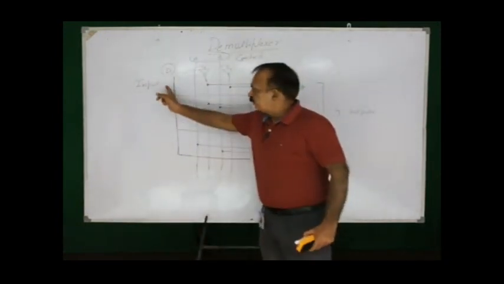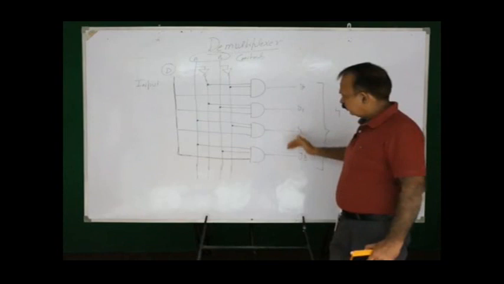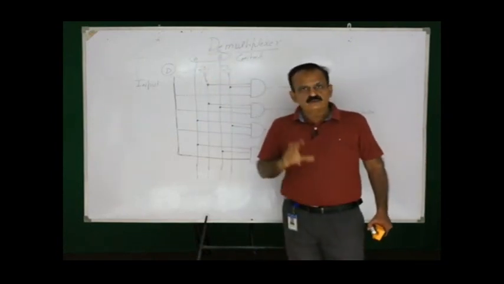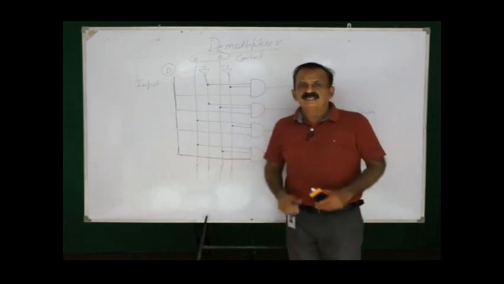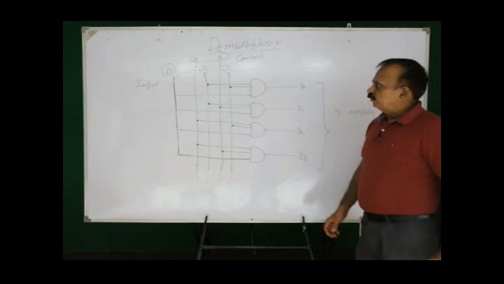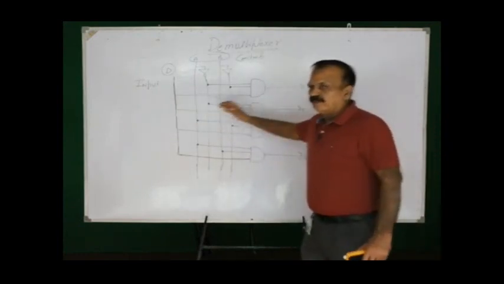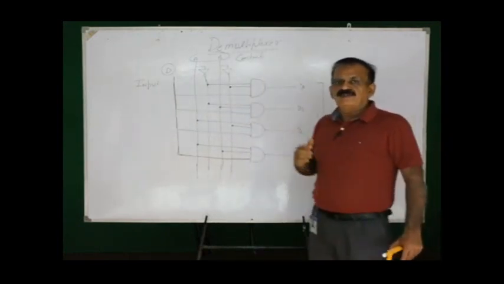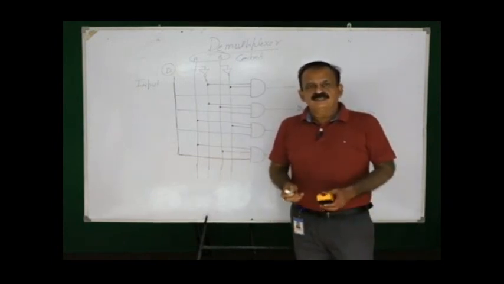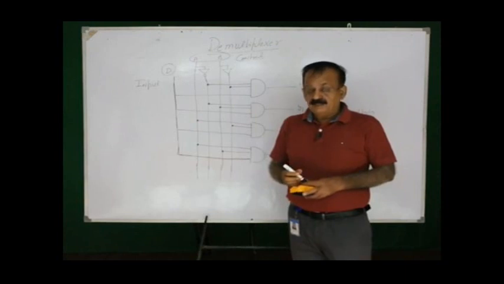So the input is connected to any of the outputs depending upon the control signals, and the control signals here are A and B. So a demultiplexer is a circuit with one input and a number of outputs. The input will be connected to a particular output depending upon the control signals.